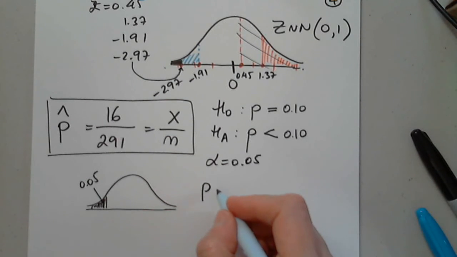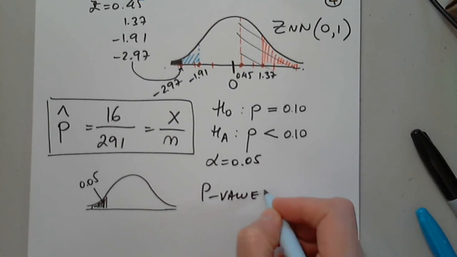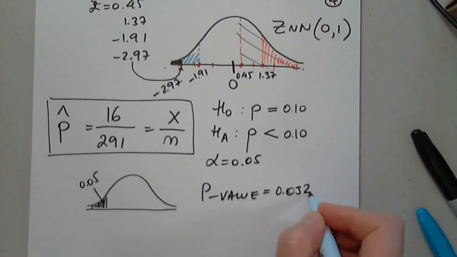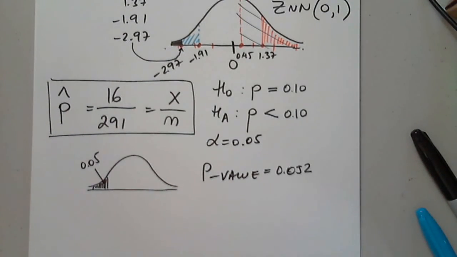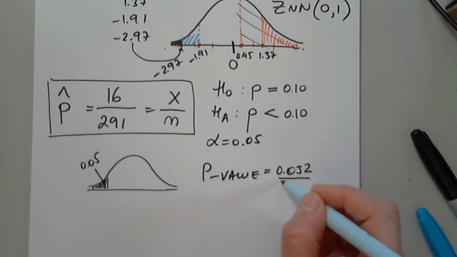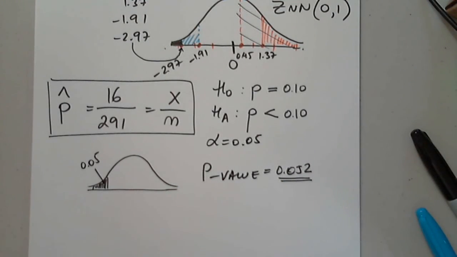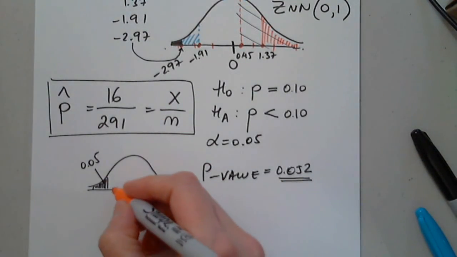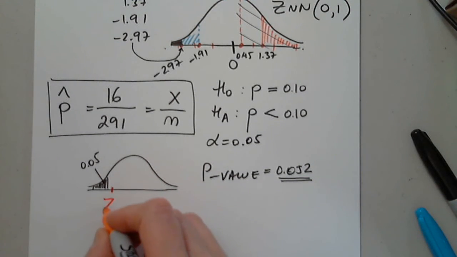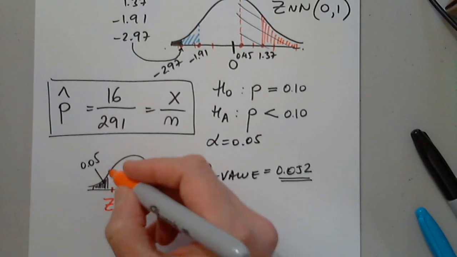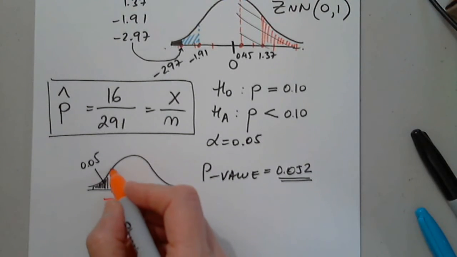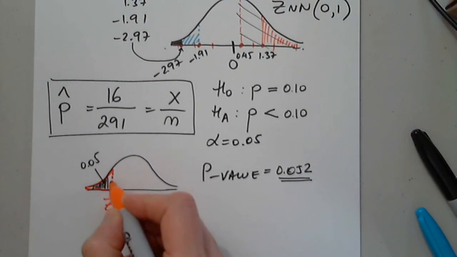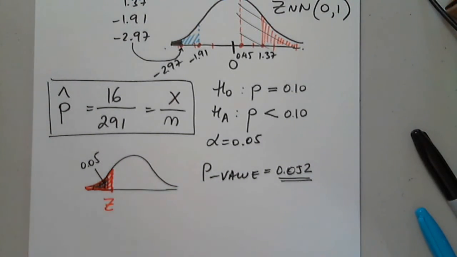I'm going to stop sharing for a second. So the p-value is 0.0052; I forgot a 0, that's why. Here is the z statistic, and here's the p-value. Is it bigger or smaller than alpha?